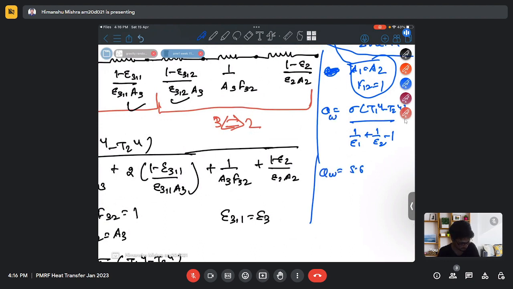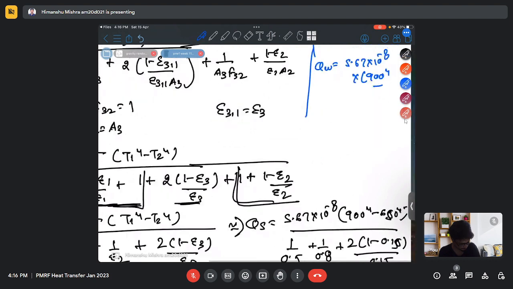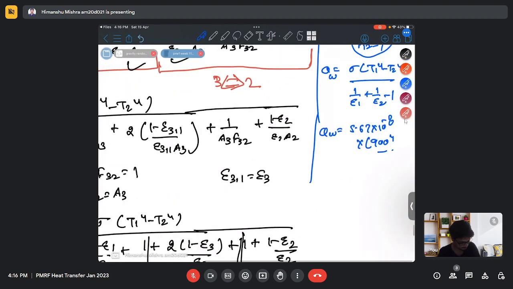So I'm just putting the values. So I'm calculating, I will get without shield my radiation heat transfer is around 12,035 watt per meter square.